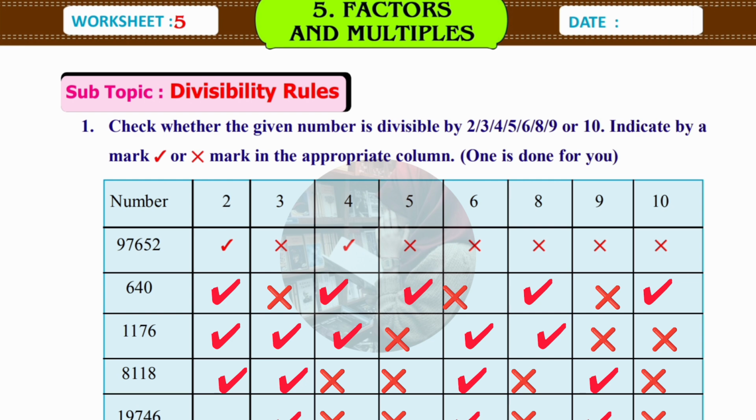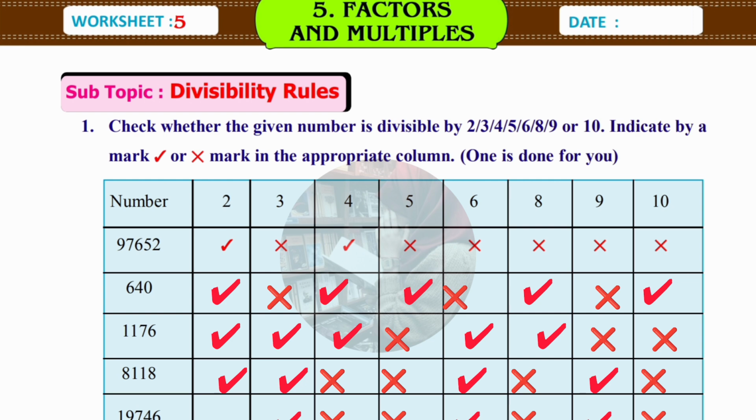Okay, next number is 1176. As we have 6 in the last digit, which is in the ones place, it is an even number. So it is definitely divisible by 2 and 4. Okay, and it is divisible by 3 also, since the sum of digits is divisible by 3. Put a tick mark.